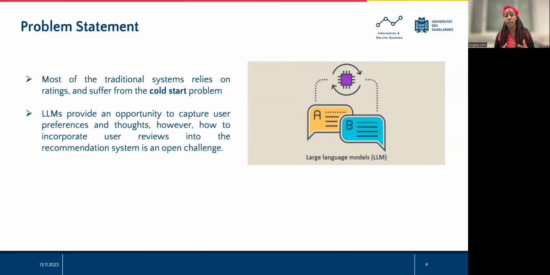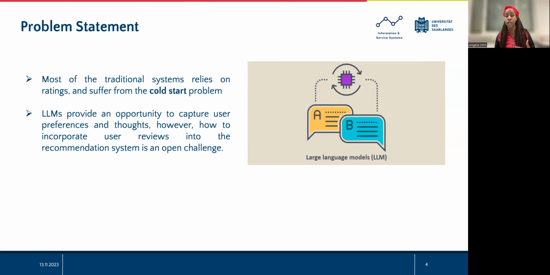Recommender systems have been used before, and there exist several traditional recommender systems, for instance collaborative filtering and content-based recommender systems. But all these existing recommender systems suffer from what we call the cold start.